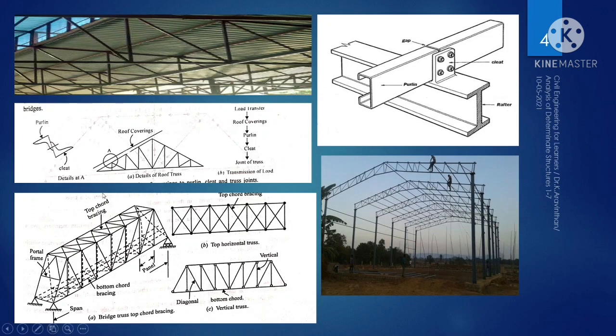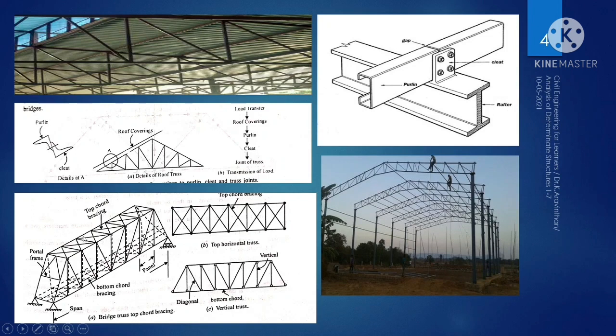Okay, so now you have identified the process of the load transferring mechanism, and there are components in a bridge structure. While constructing a bridge you have the bottom chord. So these elements are called bottom chord, and this is the top chord.